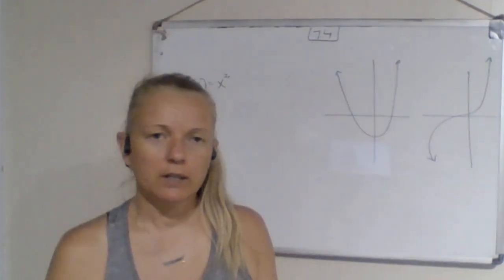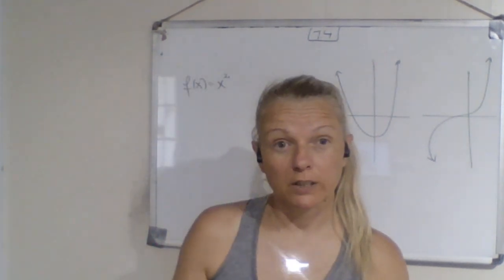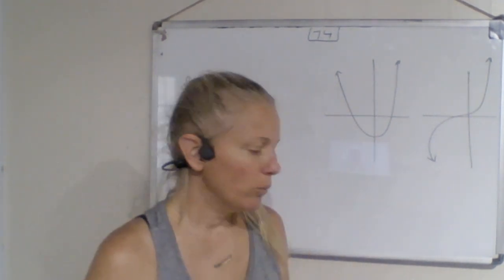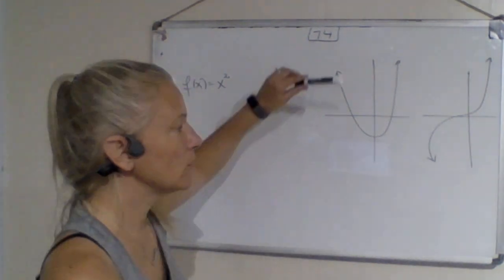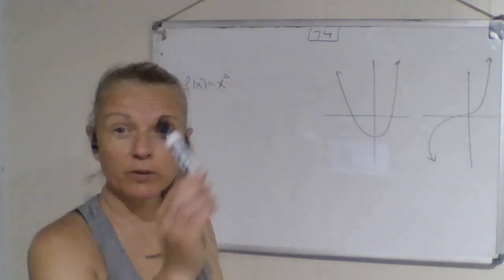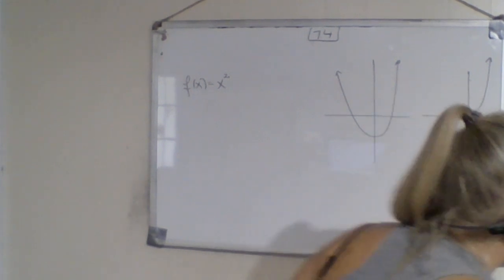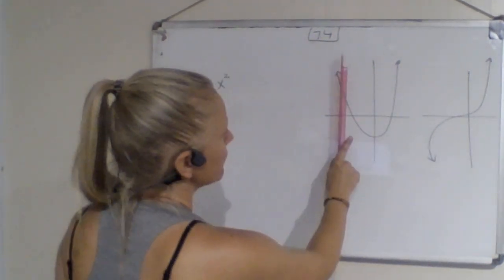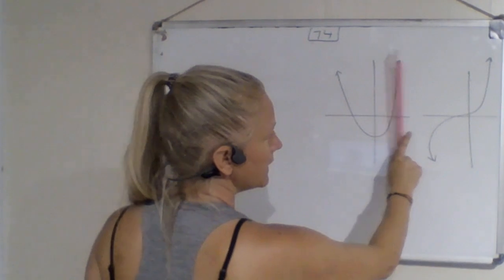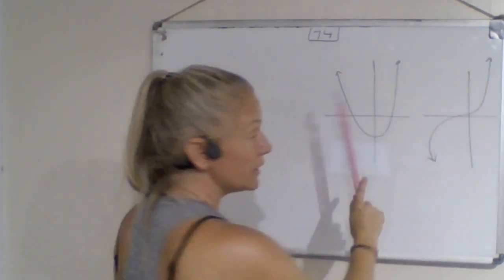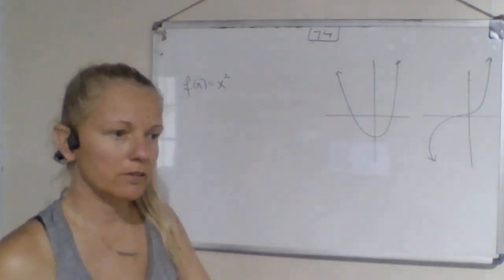Now, in order to figure out if inverses of functions are also functions, we talked in class about the horizontal line test. Remember the vertical line test? We said that if I go through here with a vertical line and it only touches once, then it's a function. But if it touches my graph more than once, then it's not a function.